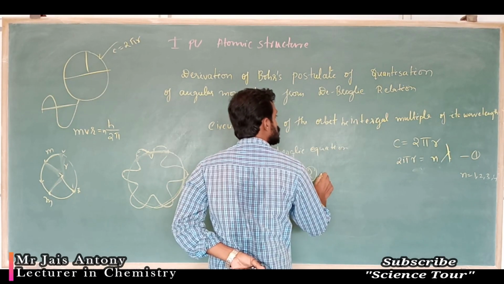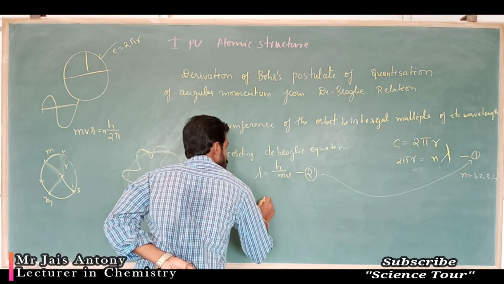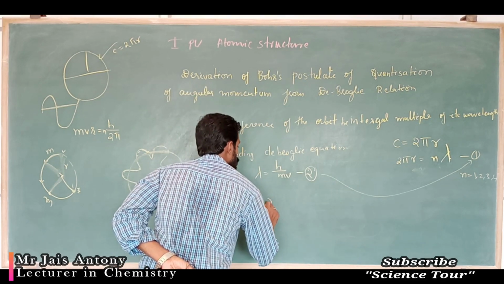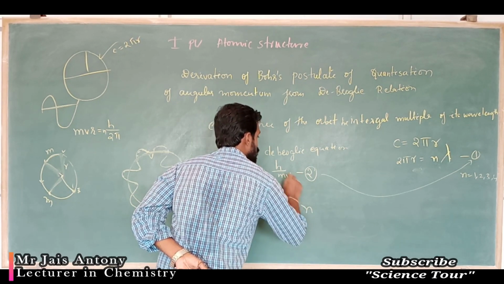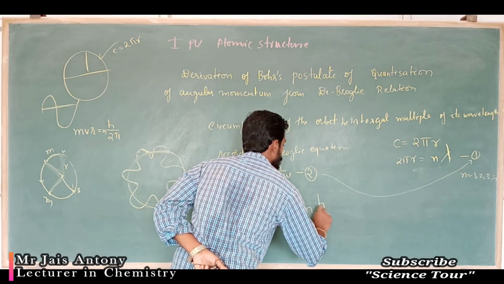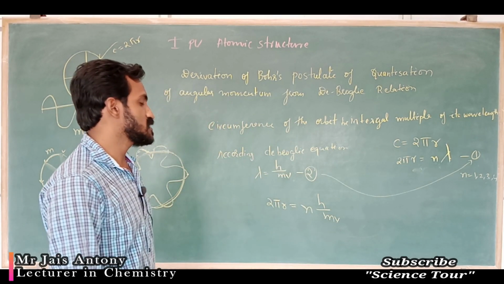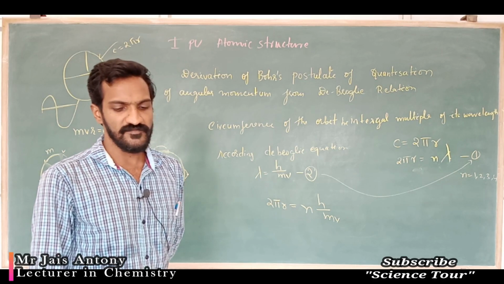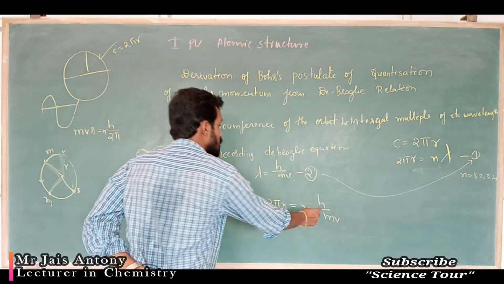So I will substitute 2 in 1, what are you getting? 2 pi r is equal to n into, what is the lambda value? h by mv, n into h by mv. So I will rearrange this equation.